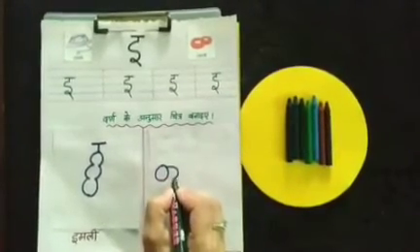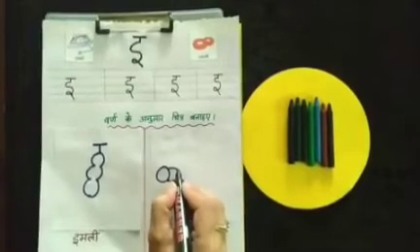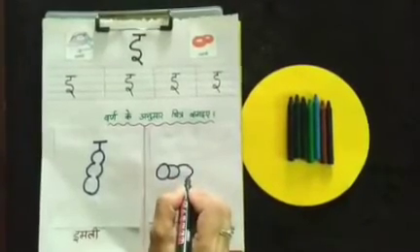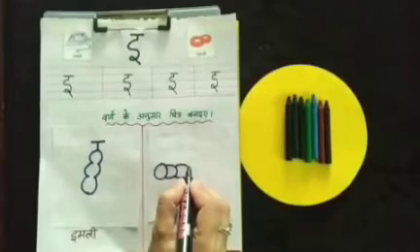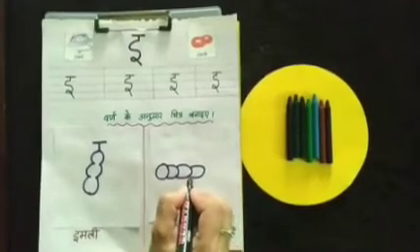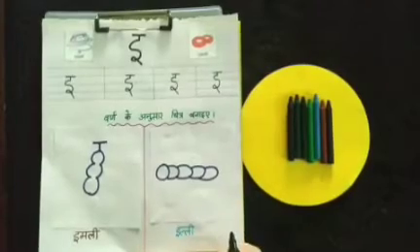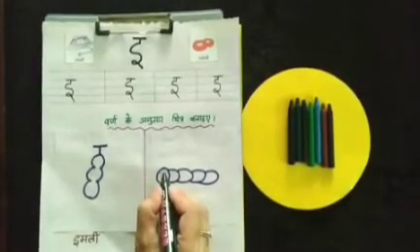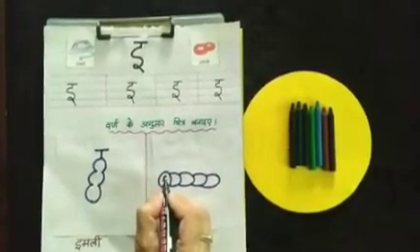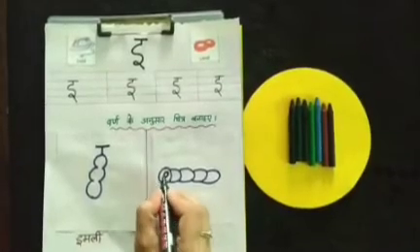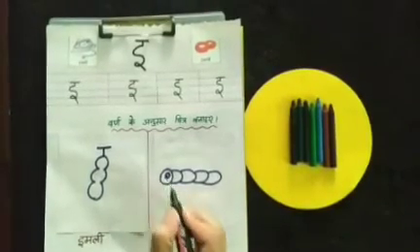Then one reverse C, again reverse C, again reverse C, again reverse C. See children.